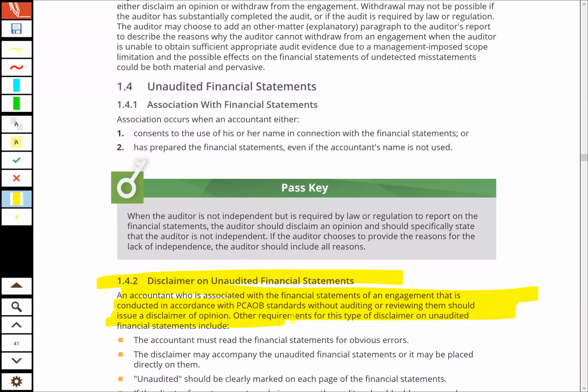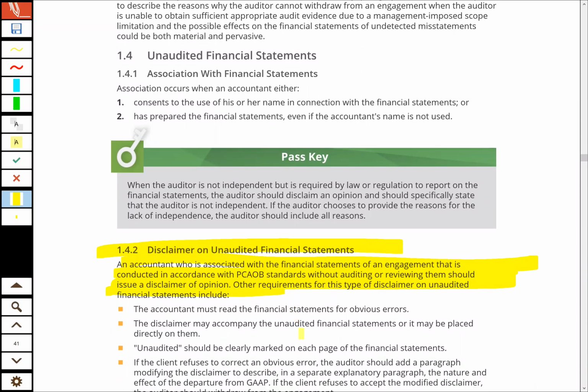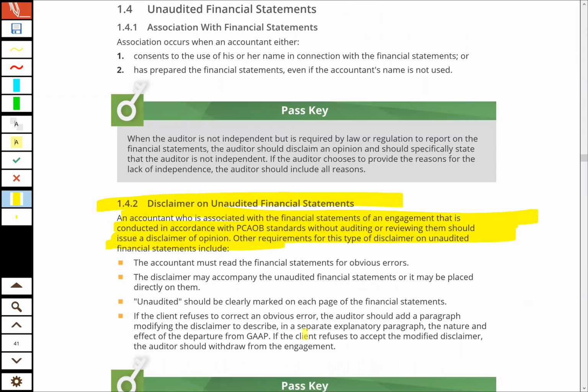Now, this can happen that we become associated with financial statements and we aren't going to give an opinion, and they tell you that if you become associated with the financial statements but you're not going to render an opinion, then you must disclaim an opinion. In other words, they don't want auditors sneaking around public companies and nobody knows they were ever there.